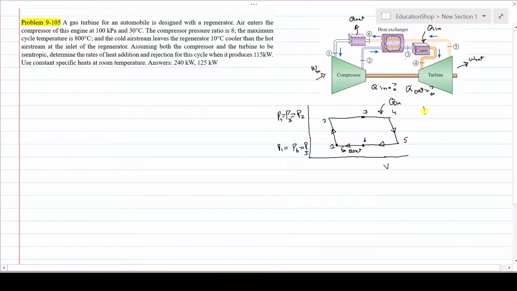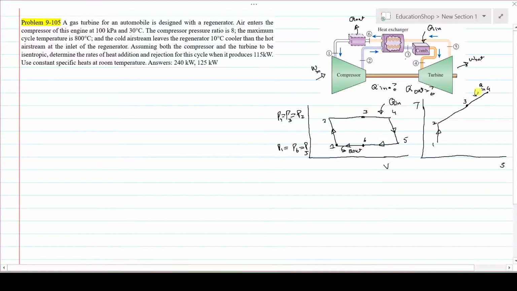Let me draw the TS diagram. First is isentropic compression 1 to 2, then exchange of heat at constant pressure 2 to 3. And 3 to 4 is the constant pressure heat addition process. When heat is added, the temperature obviously increases, so the maximum cycle temperature is at T4.